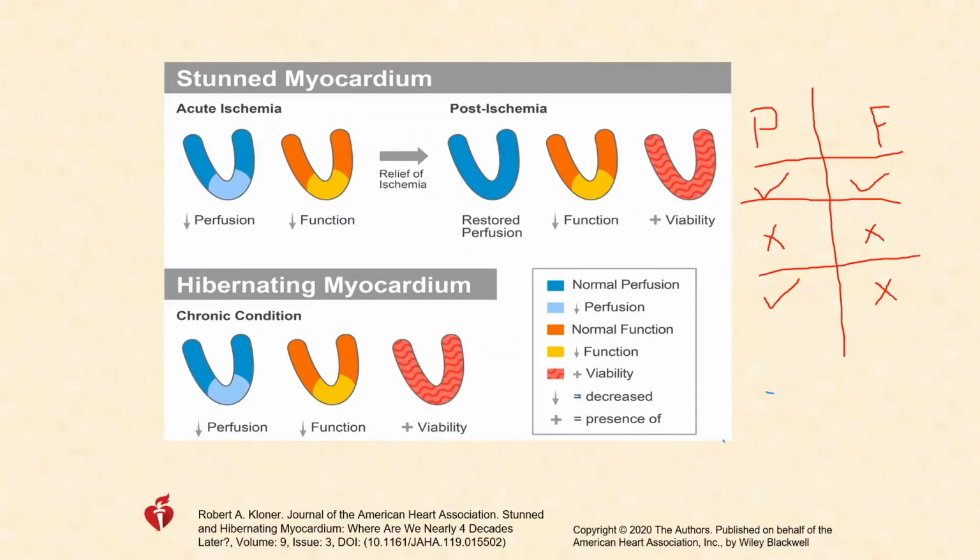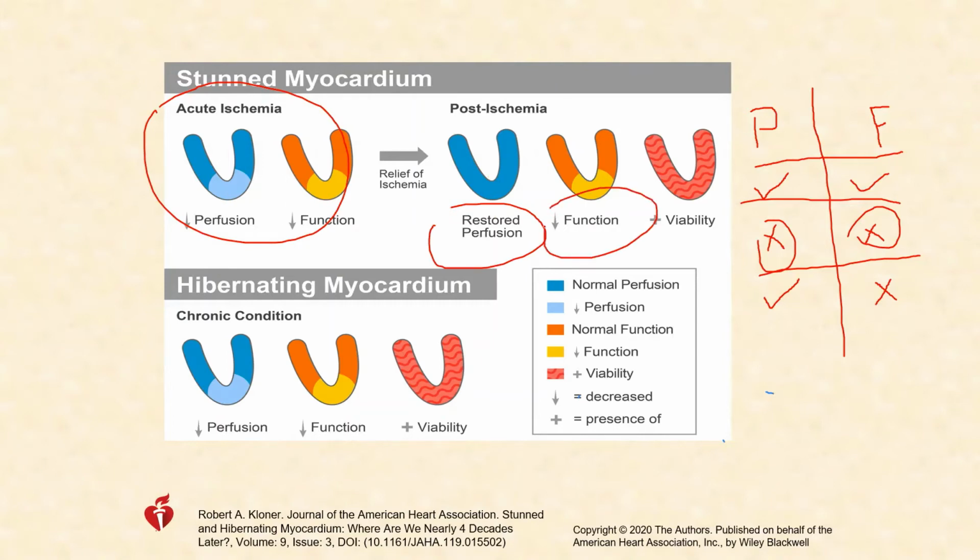Of course, if I don't have perfusion here and I don't have function, this is ischemia. No perfusion, no function. This is ischemia. Now, in ischemic myocardium, if you do revascularization and you restore the perfusion, but the function remains low, this is stunning.